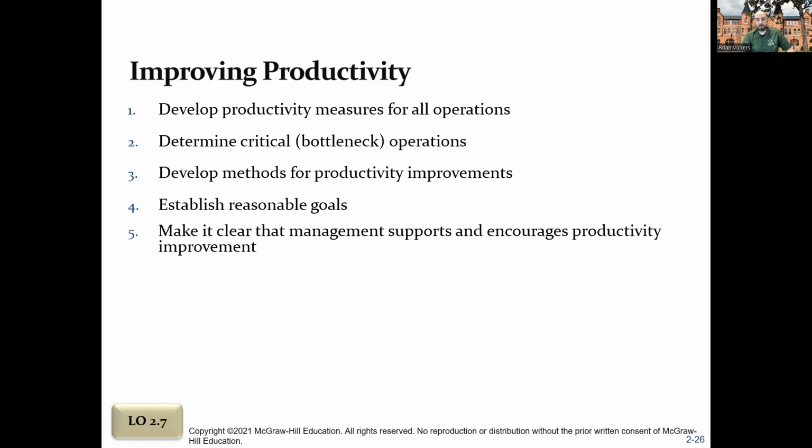So maybe having some sort of reward in place for people who come up with good ideas that improve productivity. Measure those improvements and publicize them. Praise your team when they have these things, and reward them. Not just an attaboy, but something tangible, bonuses, profit sharing.